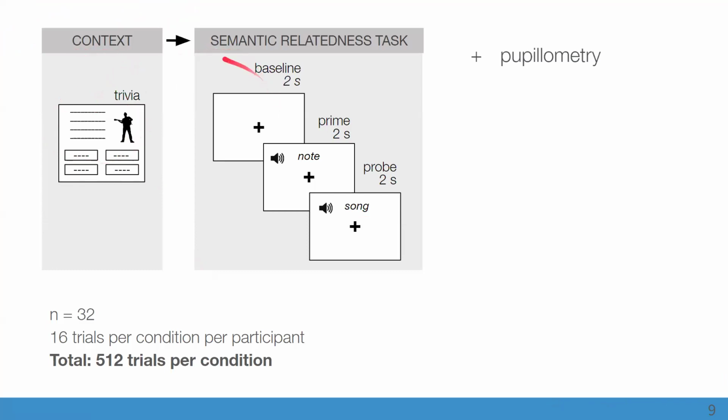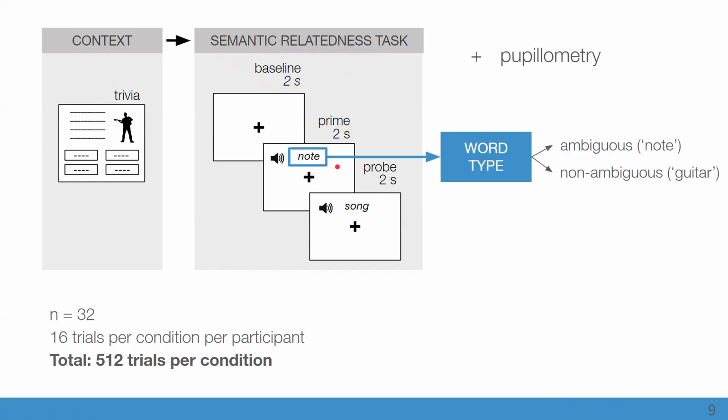It was followed by a semantic relatedness task in which the critical word of interest appeared. In this case, it is the word note. In this task, participants listen to two words, one after the other, and they have to decide as fast as they can if they are related or not.